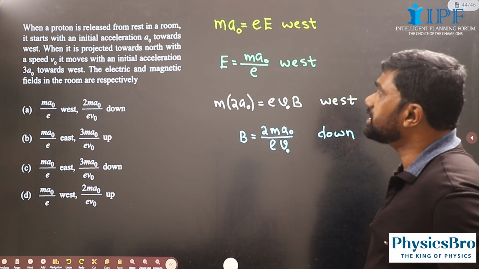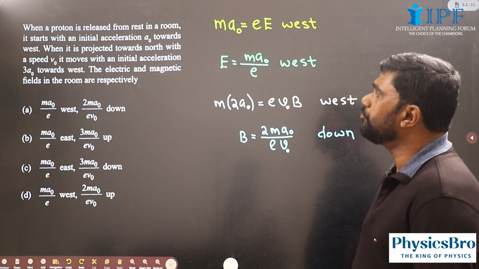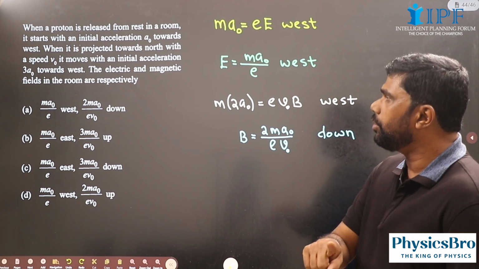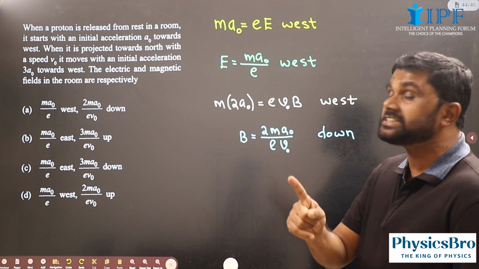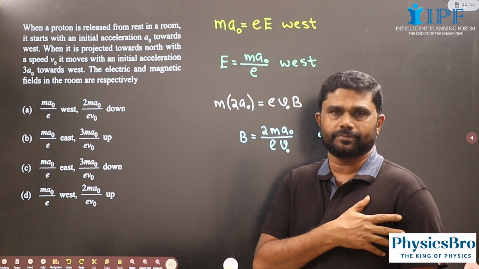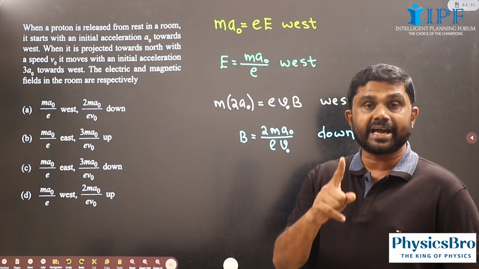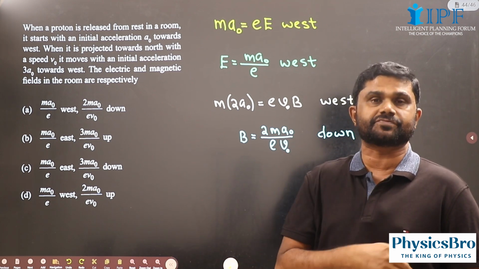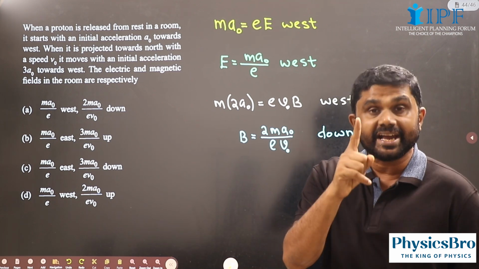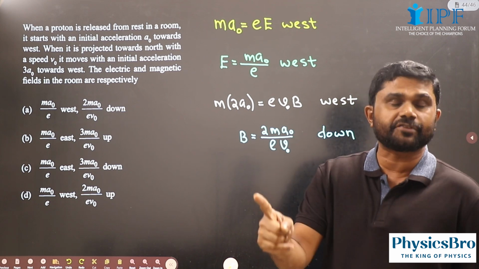Now, when it is projected towards north with a speed V0, it moves with an initial acceleration 3A0 towards west, of which A0 is due to the electric field.